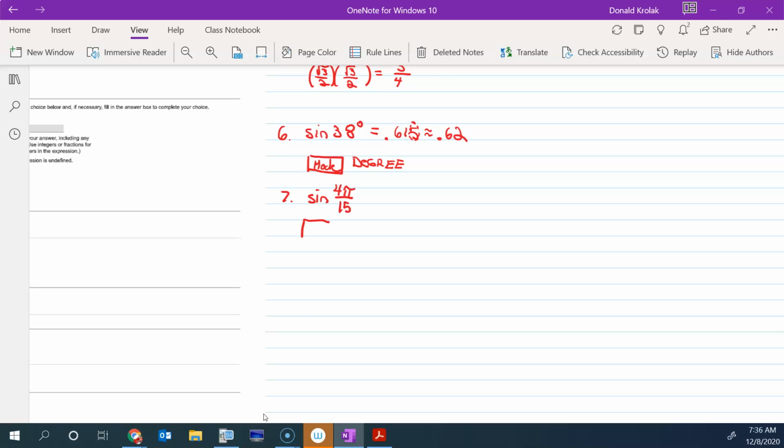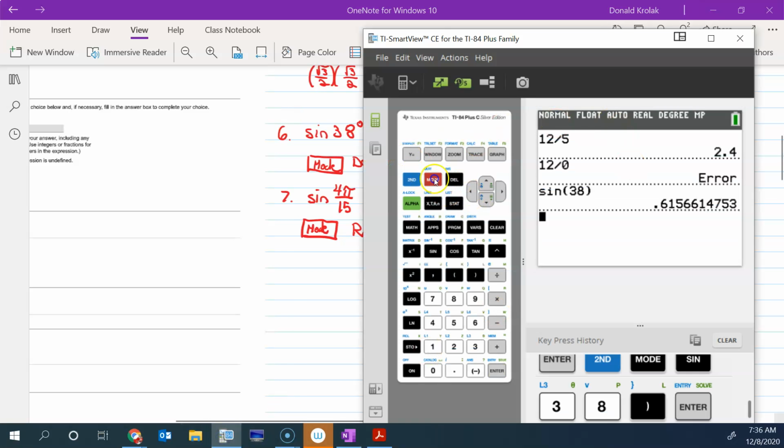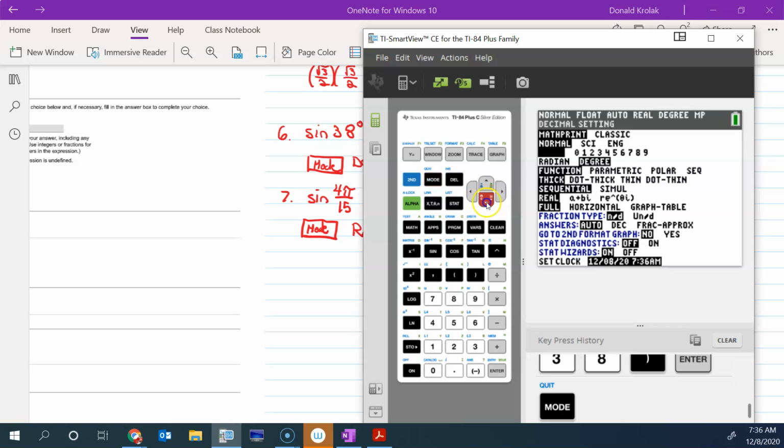So now underneath that, make a little note, mode. Okay, and I want to be in rads now. Mode. Switch it to radians.